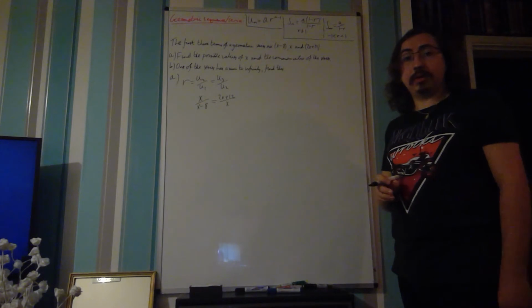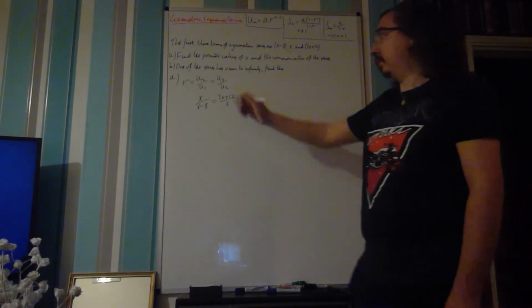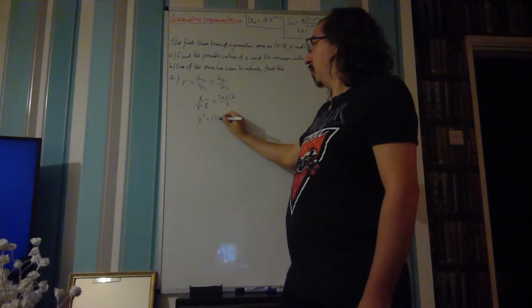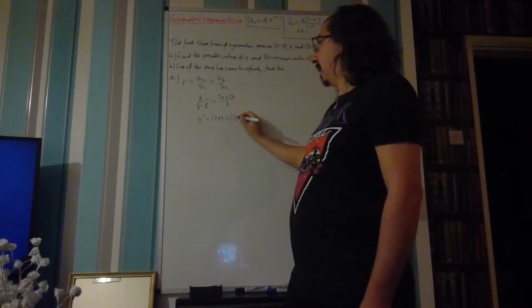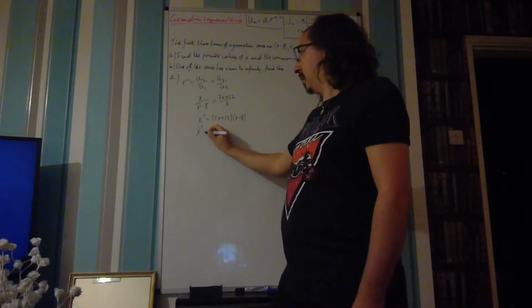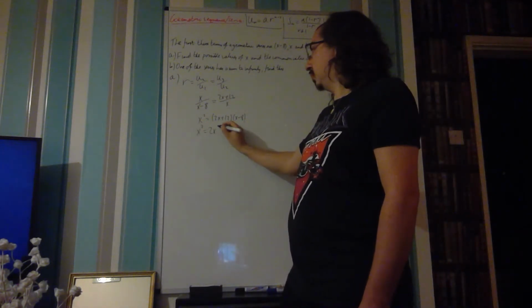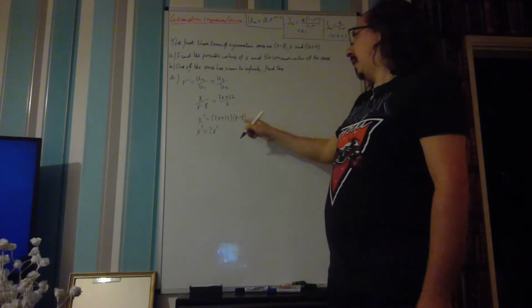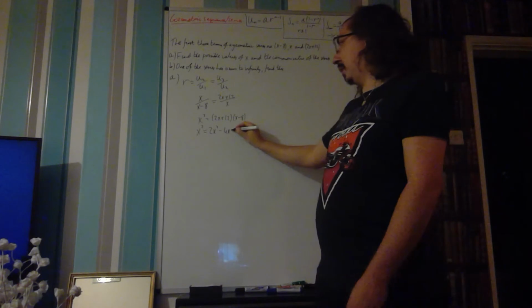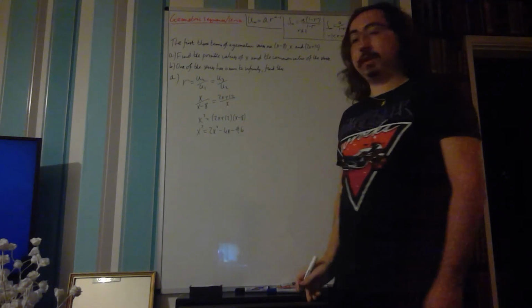We can rearrange these algebraic expressions and solve such that x squared is equal to 2x plus 12 times x minus 8. If we expand the brackets, x squared is equal to 2x squared minus 16x plus 12x, which is minus 4x, plus 12 times minus 8, minus 96.